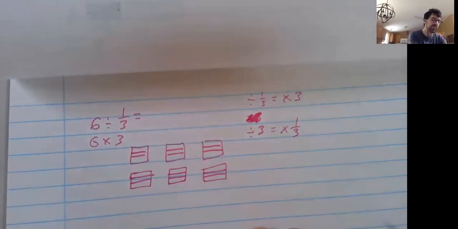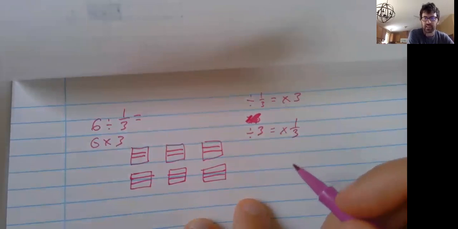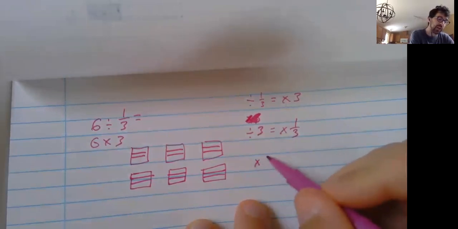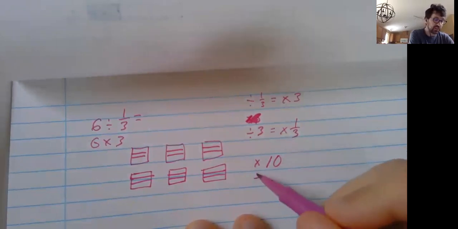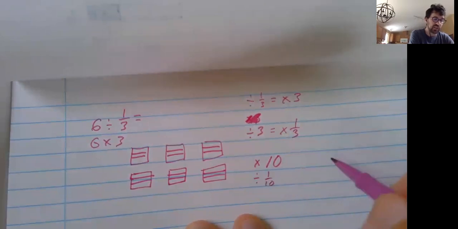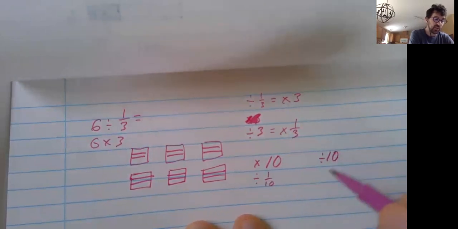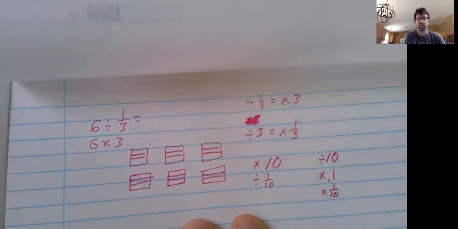You guys might remember that in the middle of the year, when we started talking about powers of 10, we talked about multiplying by 10 being the same as dividing by 1/10. We also said that dividing by 10 was the same as multiplying by 1/10, as a fraction or decimal, doesn't matter.